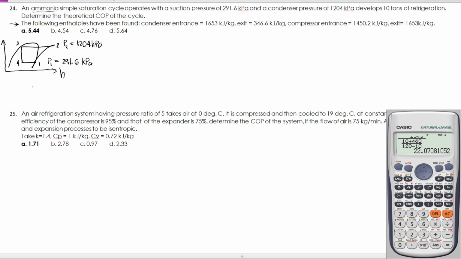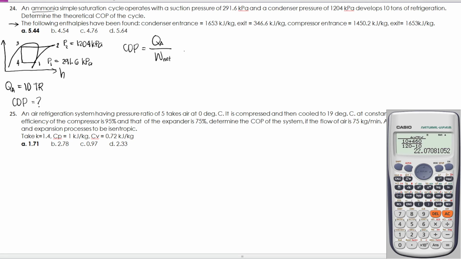Then, nakadevelop daw siya ng 10 tons of refrigeration. So, again, pag sinabi nating TR, yun ay unit ng refrigerating capacity or QA. 10 tons of refrigeration. So, ang hinahanap, ano daw ang COP ng cycle natin. So, kung gagamitin natin yung general formula ng COP ng isang refrigeration cycle, that is equal sa QA over work net input sa ating system.